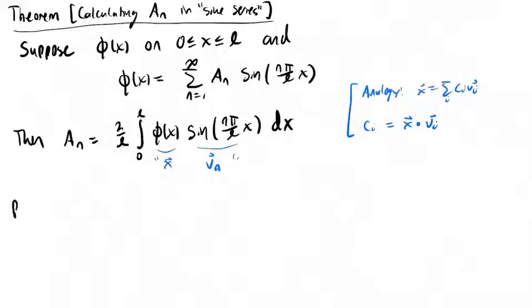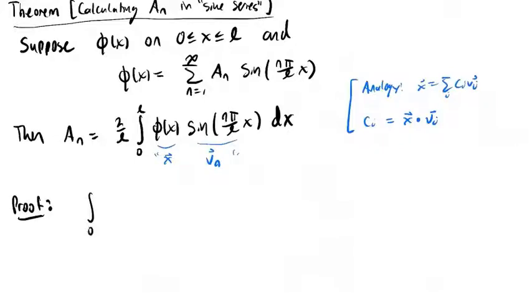Okay, and so here's the proof, and the proof will be very similar to what we did in the case of vectors. What I'm going to do is look at this integral, the integral from 0 to L of phi of x times sine of n pi over L x dx. In order for this argument to work, we would technically need some assumptions about phi.